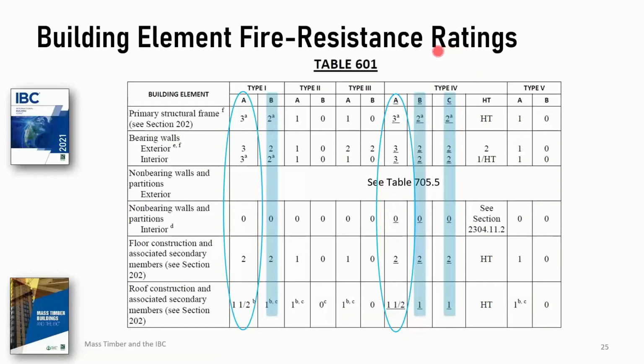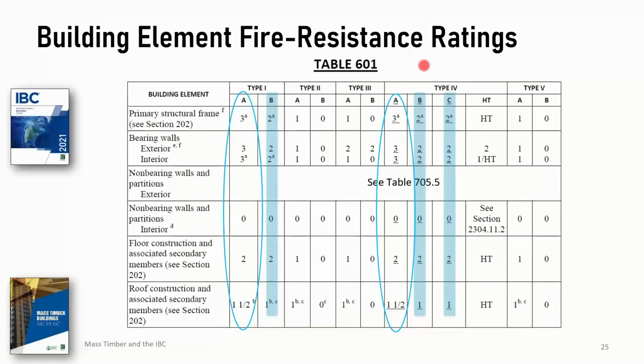The principle here to mark with this table, and by the way, this is the table that sets the fire resistance for the building structure. It's not requiring fire resistance for purposes of exits, corridors, occupancy separations, nothing like that. This is the basic fire resistance of the structure itself, the walls, floors, and roofs.